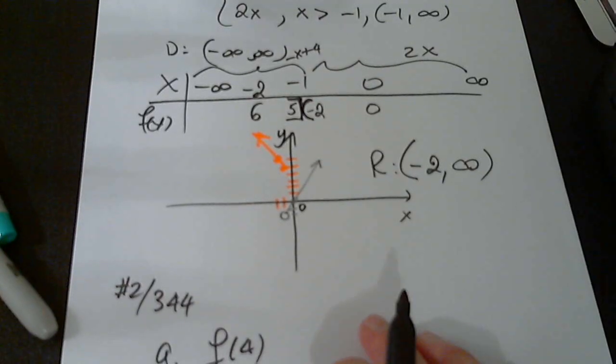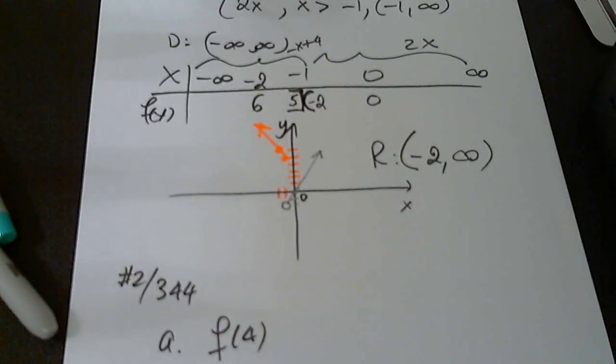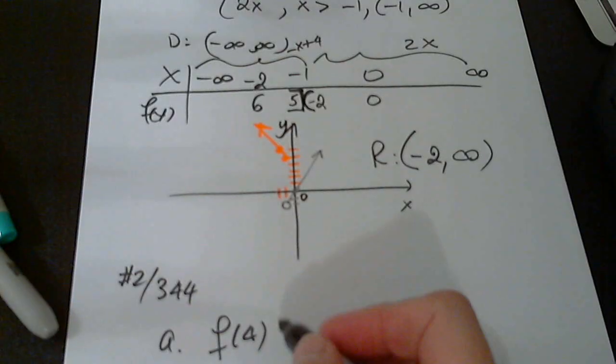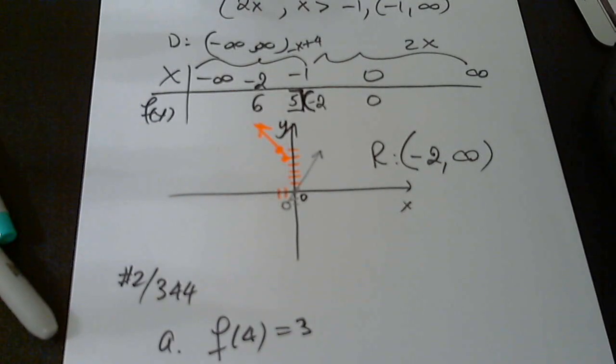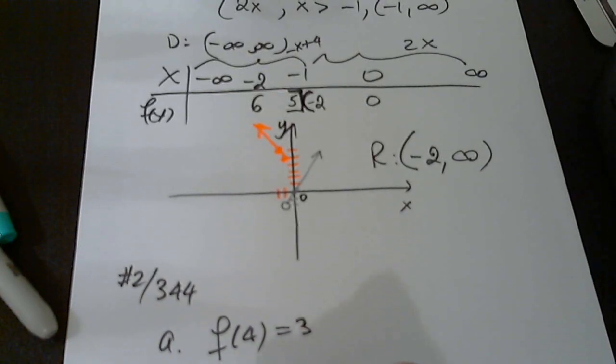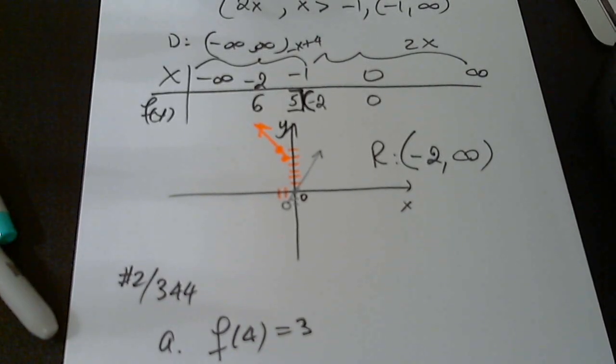First, let's find f of 4. Can anyone tell us what f of 4 equals? 3. Indeed, f of 4 is 3. Excellent. They also want us to find f of negative 3. Okay, so let's find f of negative 3 now. Negative 2.